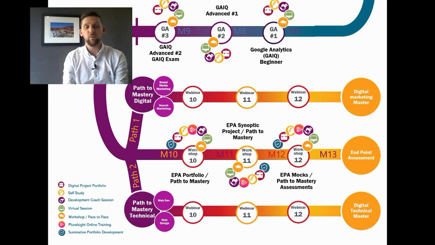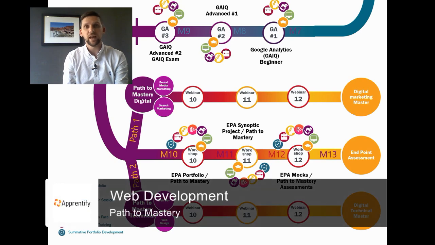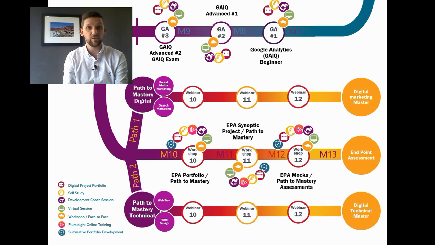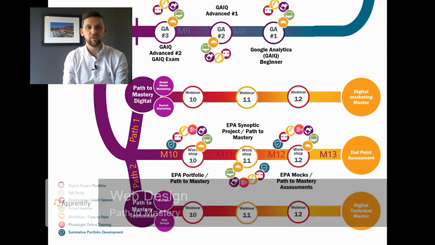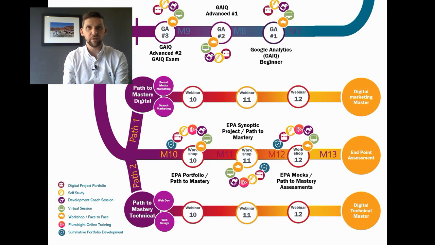So if you enroll into the web development path, you will look at HTML, CSS, JavaScript, and at an advanced level, some of the JavaScript libraries as well, whether it be jQuery, Angular, React, whatever's appropriate for your business, so you can start specializing in developing web applications. The Path to Mastery web design will look more at the Adobe Creative Suite, so Illustrator, Photoshop, InDesign, After Effects.